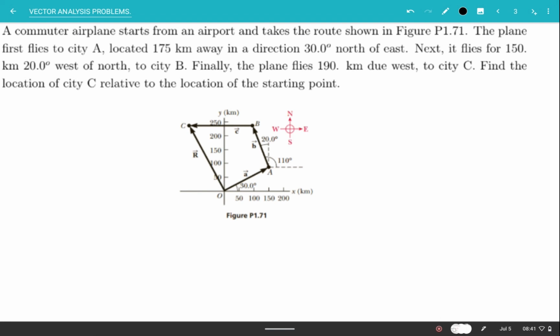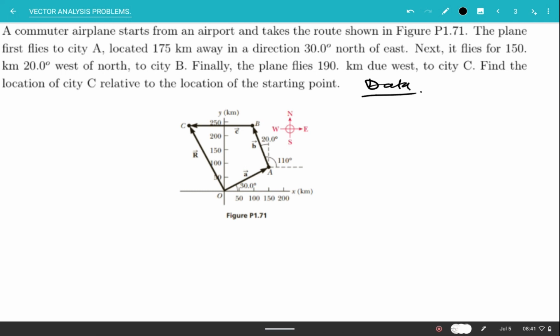Alright, so for this question it says a commuter airplane starts from an airport and takes a route shown in the figure. The plane first flies to city A, located 175 kilometers away in a direction of 30 degrees north of east.